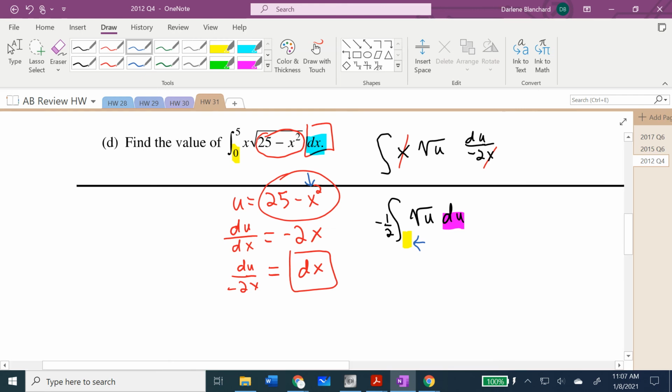So I plug 0 into the x and I get 25. And then I can plug 5 into the x and that will give me 0.